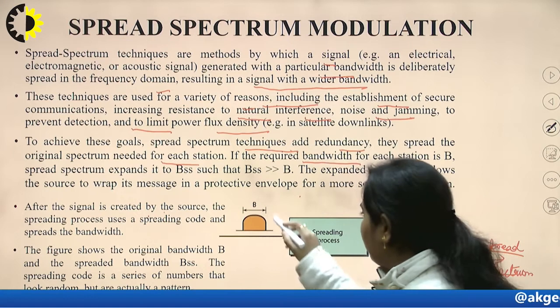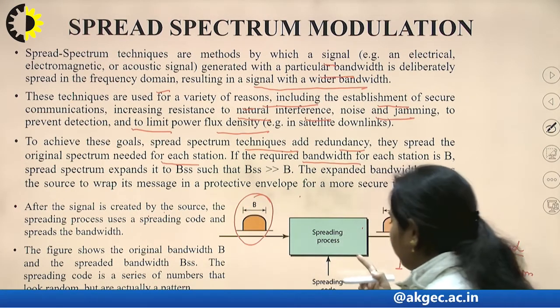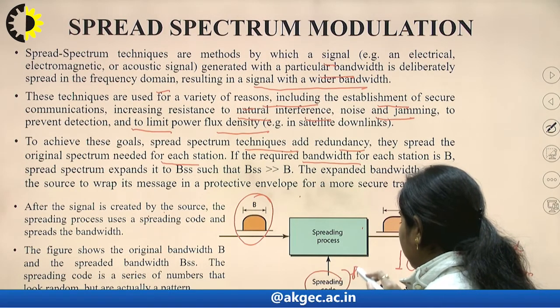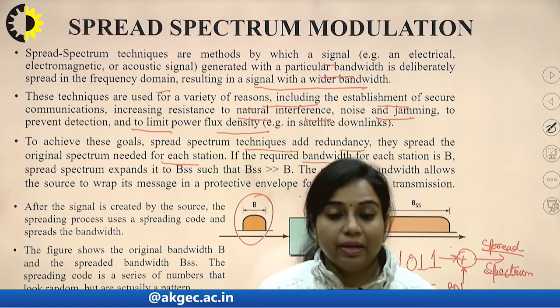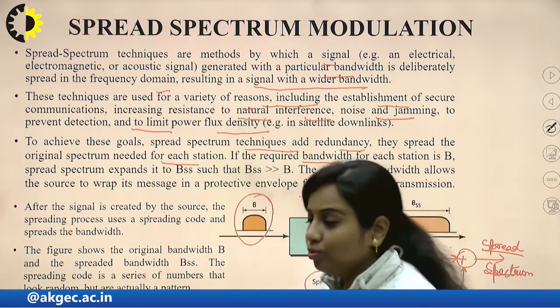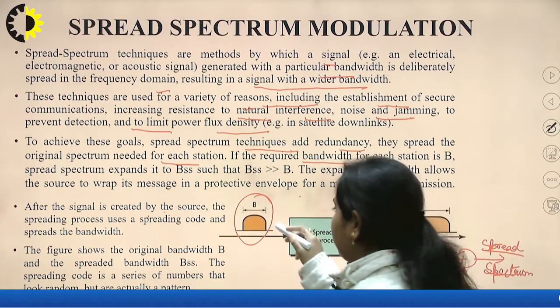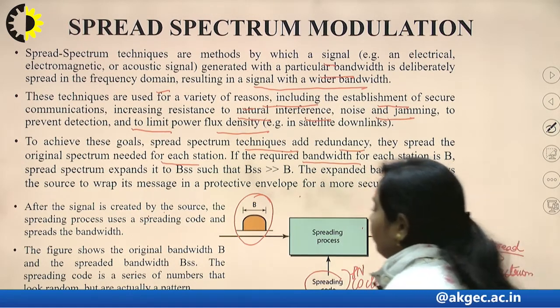Now you can see here the input signal which is applied to the spreading process, and the spreading code will be there. This code is the PN code or the pseudo-random code. This 15-bit code is randomly generated. It is not fixed; every time you generate the PN code it is different. The output is the bandwidth extension, and we get the spread signal denoted by BSS.